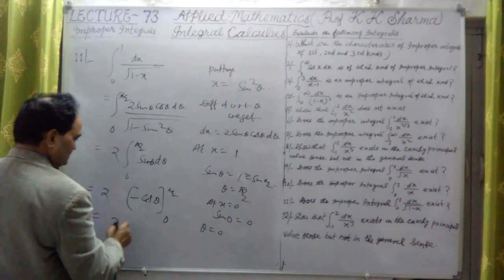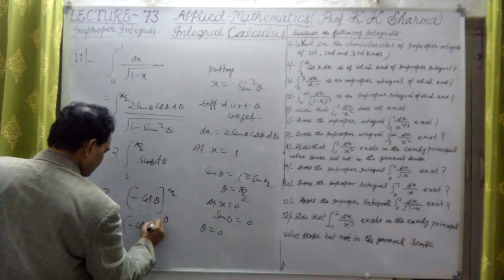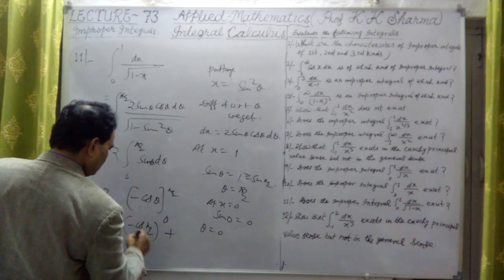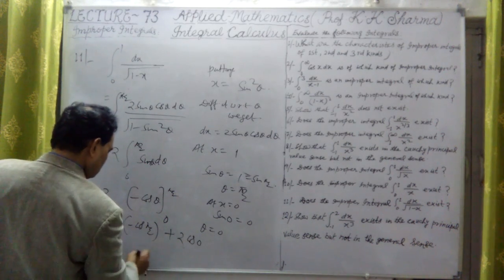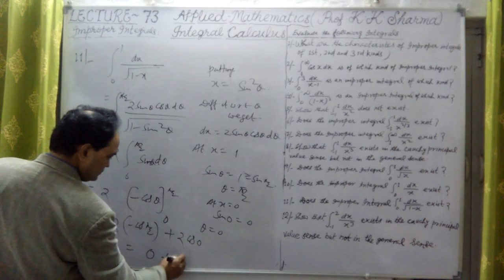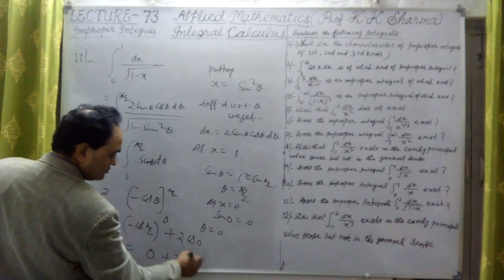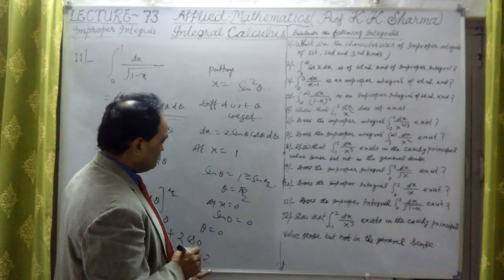So it is 2 into minus cos pi by 2, which is 0, plus 2 into cos 0. Cos 0 is 1, so this is twice 1, which is 2. So this exists, and the value is 2.